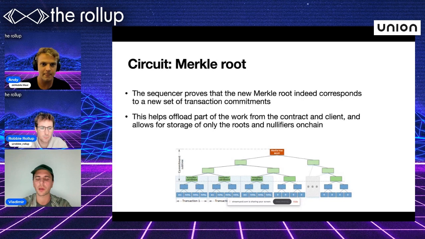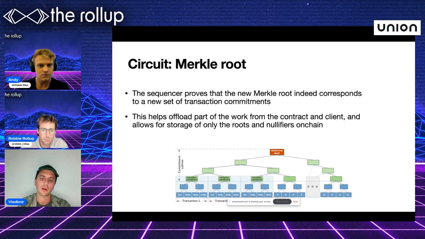Multiple reasons. Yeah, there are multiple reasons. First of all, the sequencer eliminates the race condition between different clients, because the sequencer is like a point of synchronization between clients.